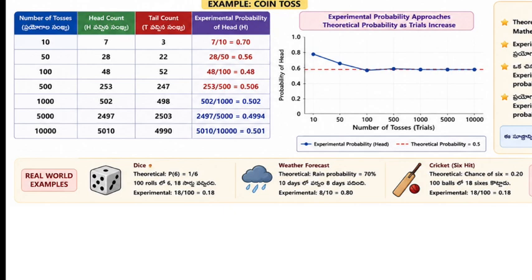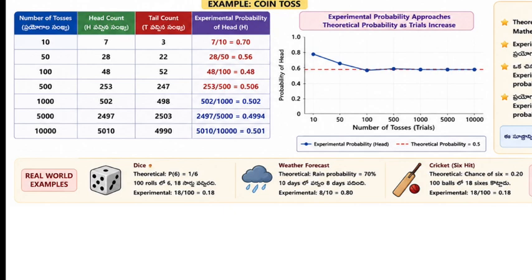For example, when trials are 10, we can see that heads may be 7 and tails may be 3. This may even be vice versa. When trials are 50, we can see 28 heads and 22 tails.